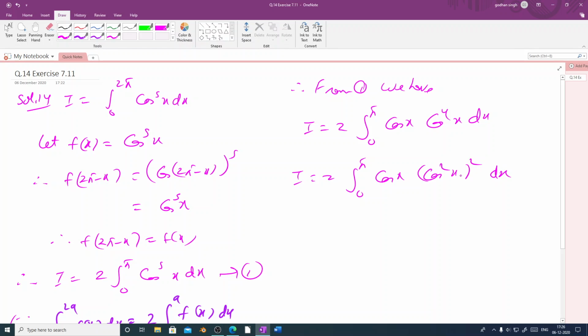Why are we writing it this way? Because we know that the differentiation of sine is cos, so we can write this cos square in terms of sine.